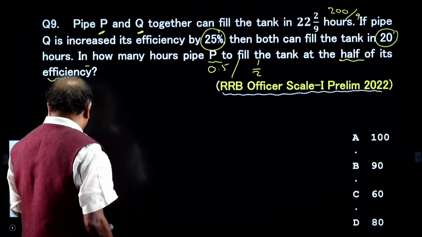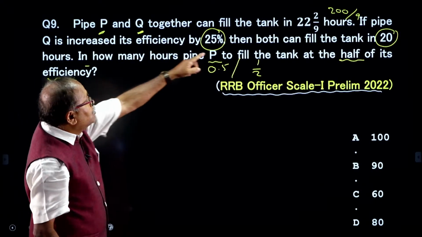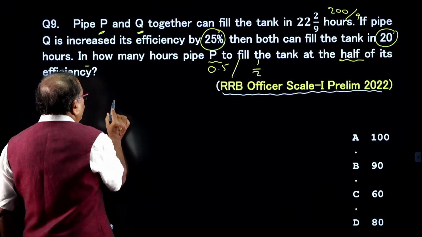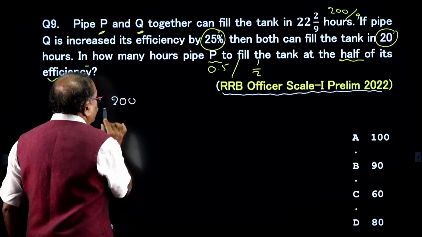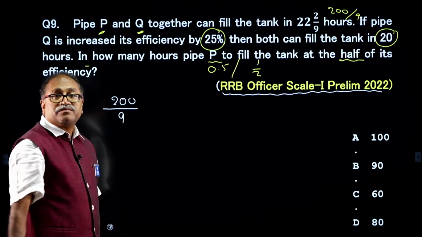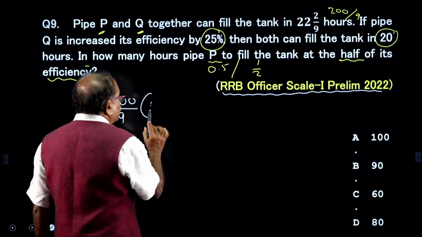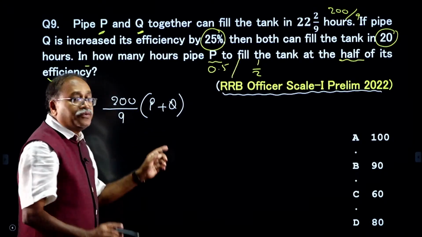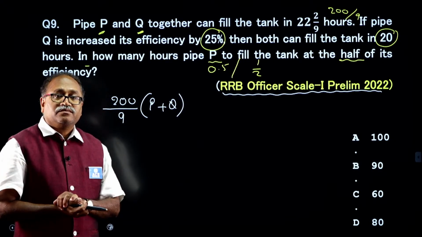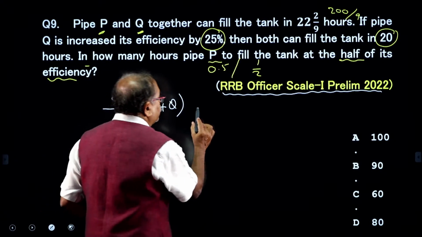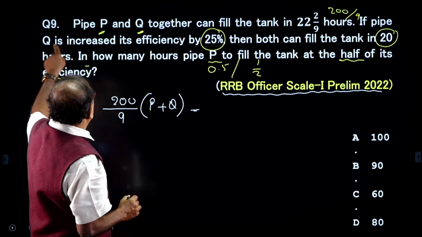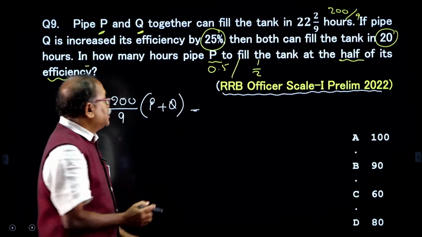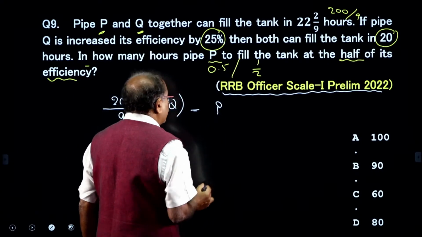Look at this part here: 200 by 9 and the normal efficiency of P and Q. My left hand side is 200 by 9, that is the time, and the P efficiency is P and the Q efficiency is Q. Time into efficiency is work. On my right hand side, if Q works with 25% more efficiency, then the P efficiency will remain as it is.